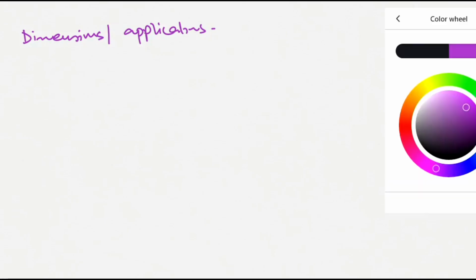But again, if we are looking at percentage, we will also be looking at different dimensions of percentage. Some people call them applications, the different applications of percentage and how it can be used.